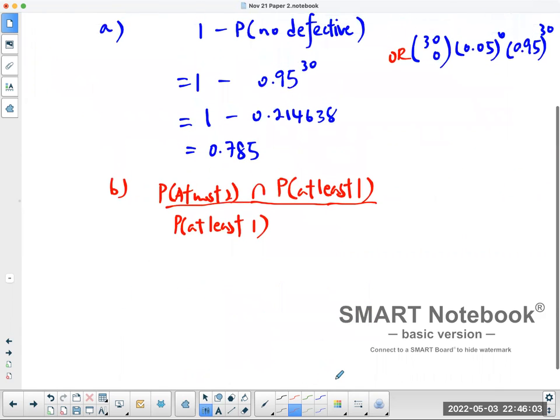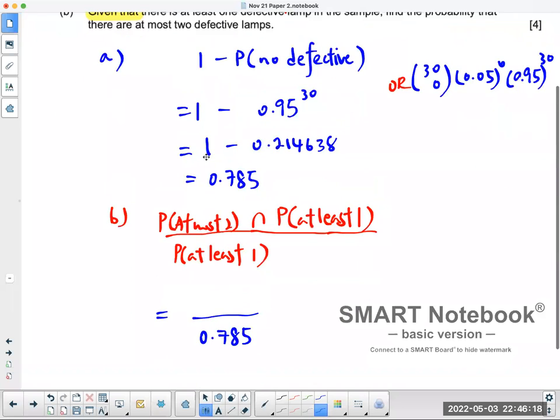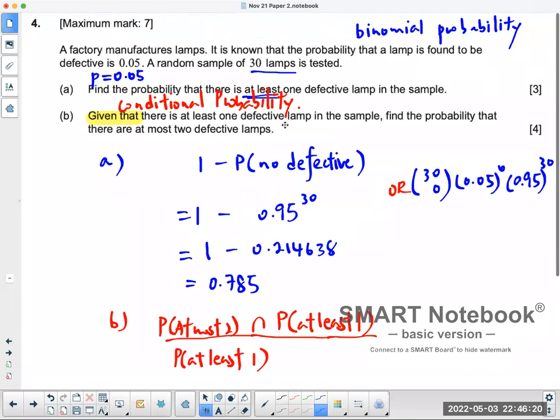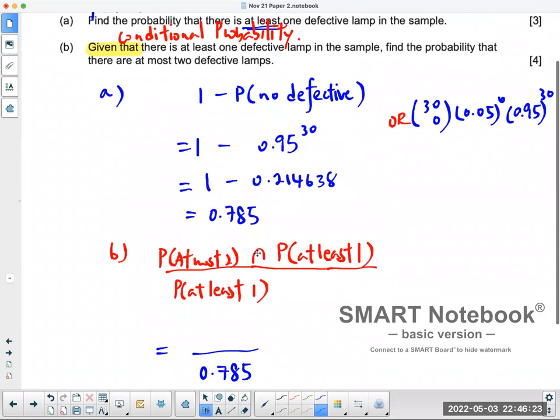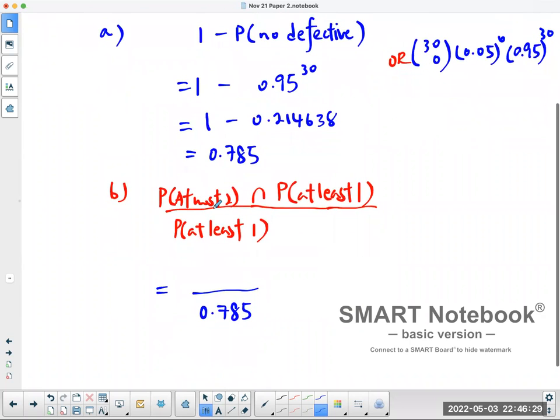Okay. So what's in the denominator? Well, the denominator is whatever you get in part A, which is about 0.785. That's the probability of at least one. That's part A. Now, part B, it's a probability of at most two, but it has to be overlapping probability of at least one, meaning you're not counting the probability of no defective in there.